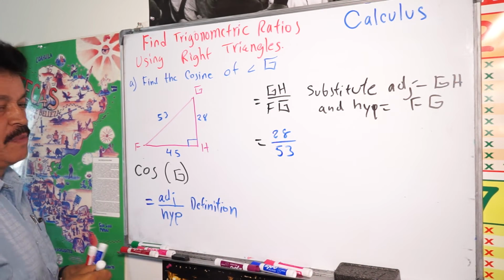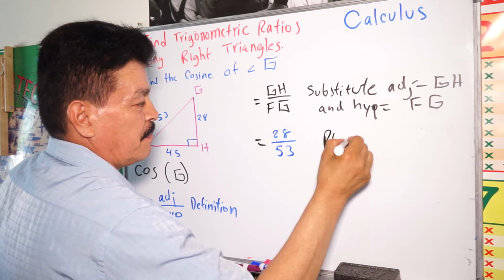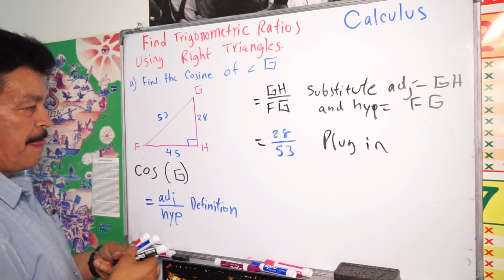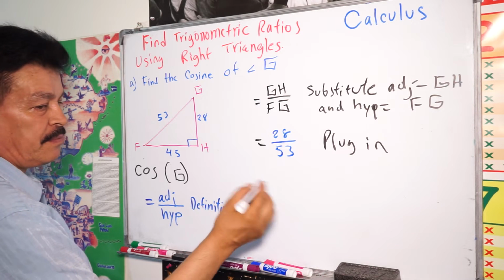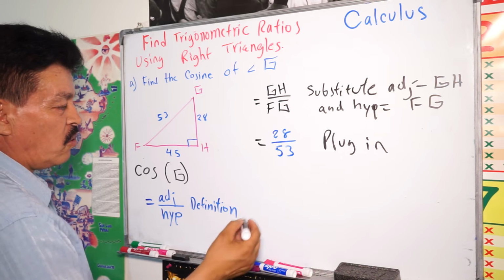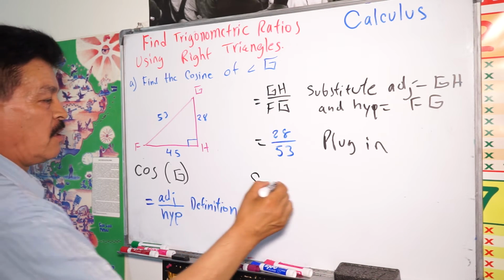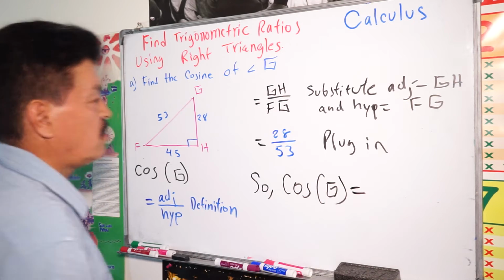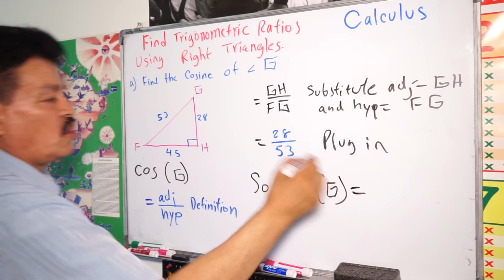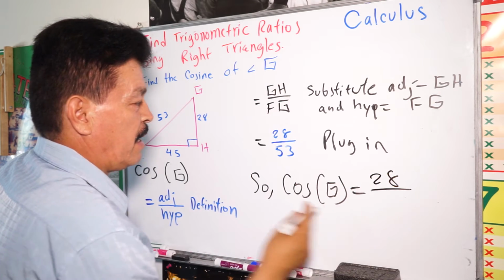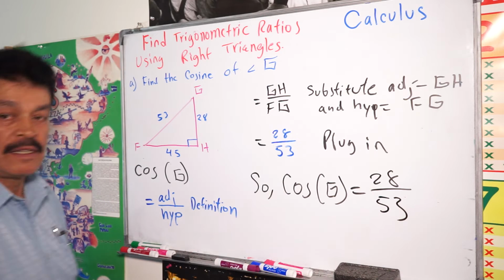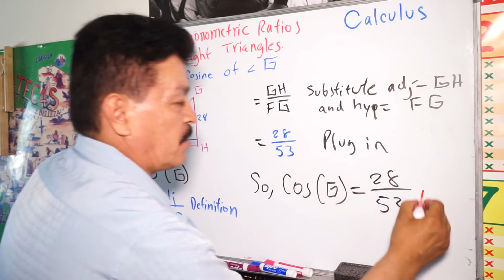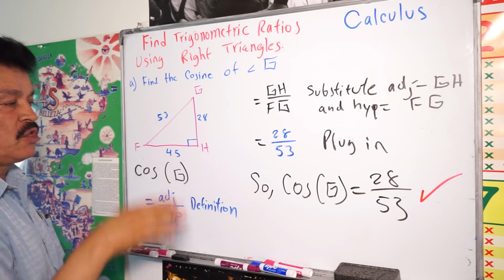Just plug in the numbers. So this is our conclusion: cos of angle G equals 28 divided by 53, right? That is the right answer. We are applying the formulas that I showed you before.